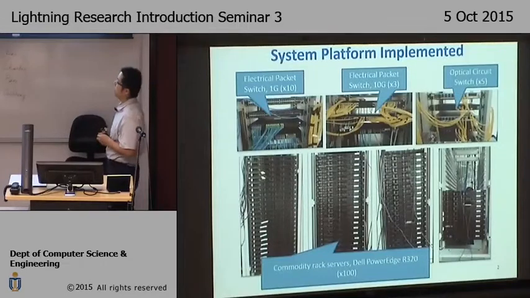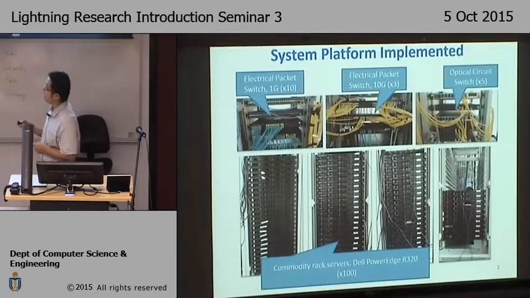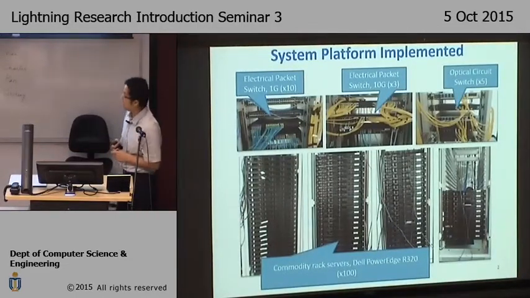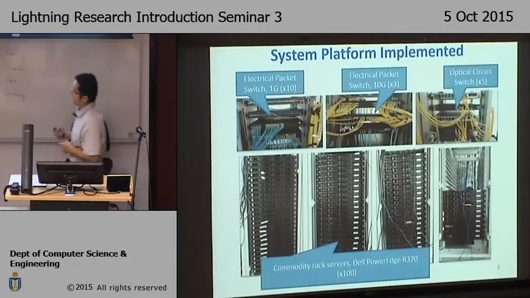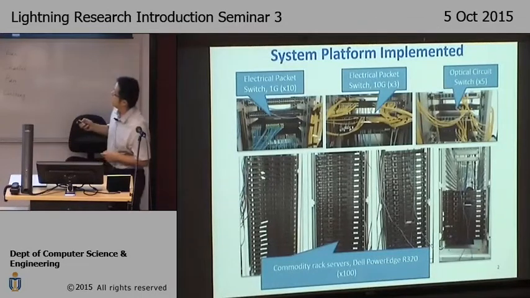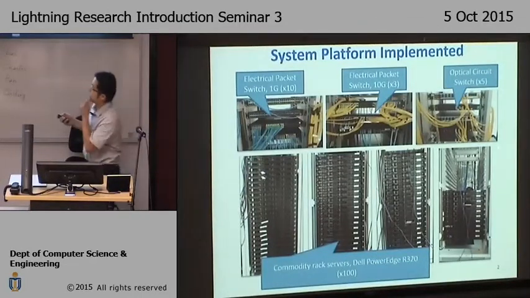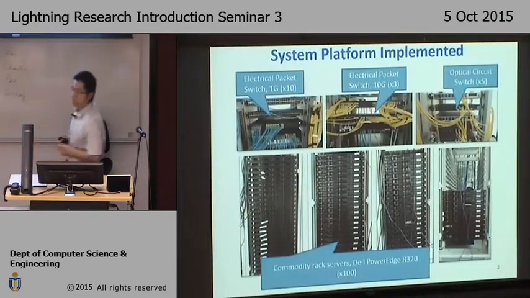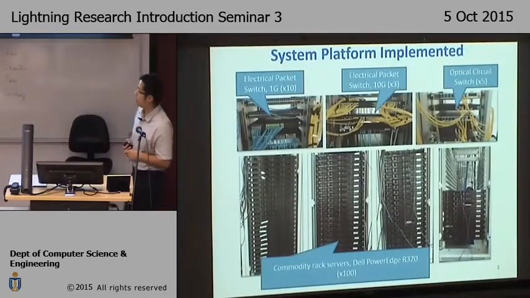We have 3 of them, and this one is more expensive than the previous one. Each of these switches has 48 10G Ethernet ports and 4 40G ports. On the right are the optical circuit switches. We have 5 of them, each of which has 16 optical ports.